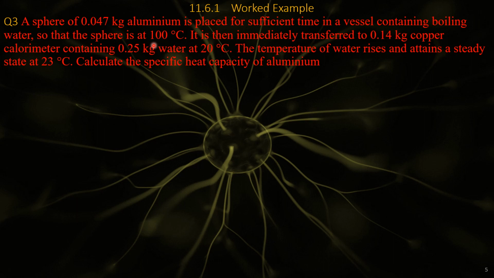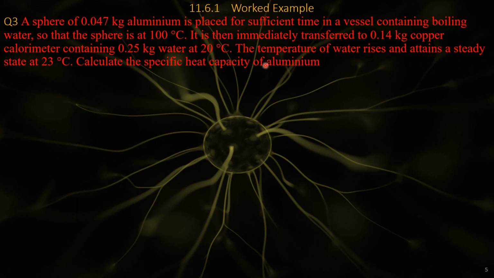It is then immediately transferred to a 0.14 kg copper calorimeter containing 0.25 kg water at 20 degrees centigrade. The temperature of water rises and attains a steady state at 23 degrees Celsius. Calculate the specific heat capacity of aluminium.